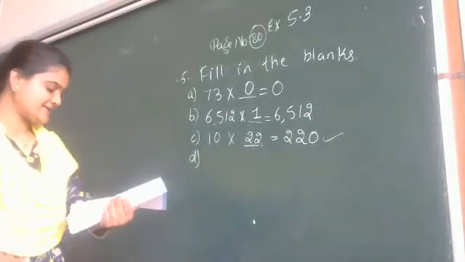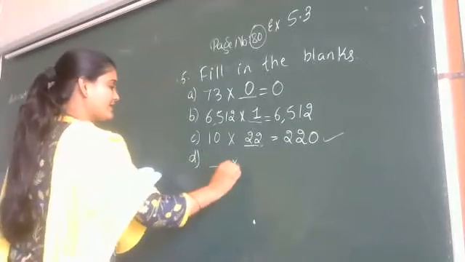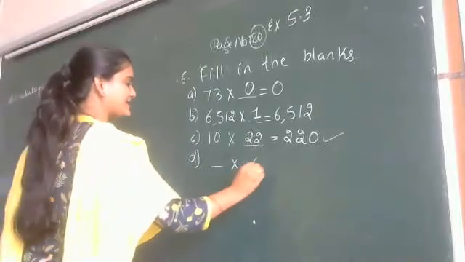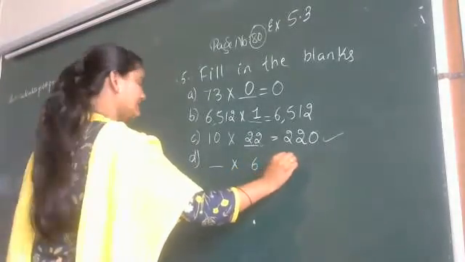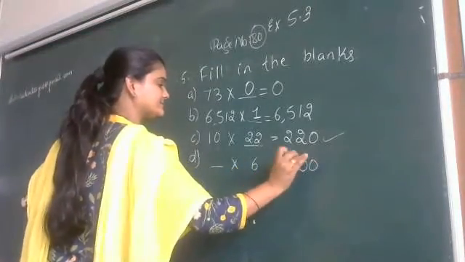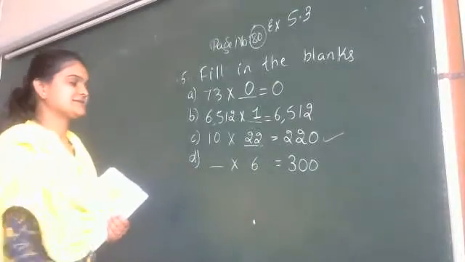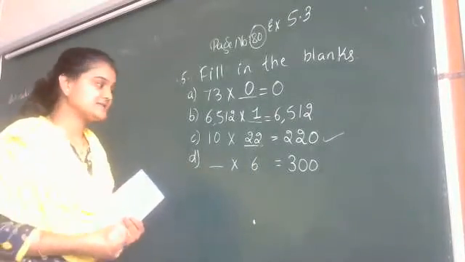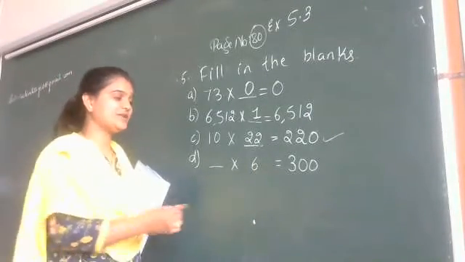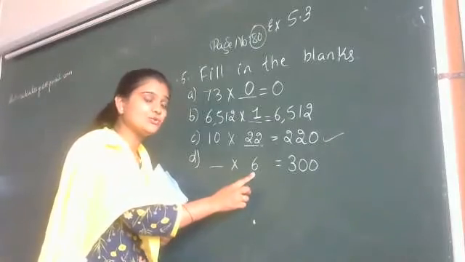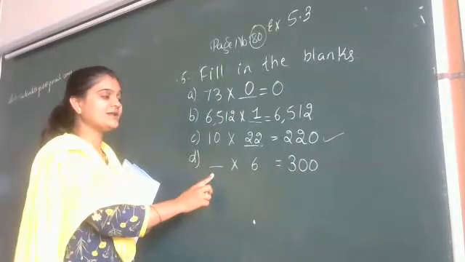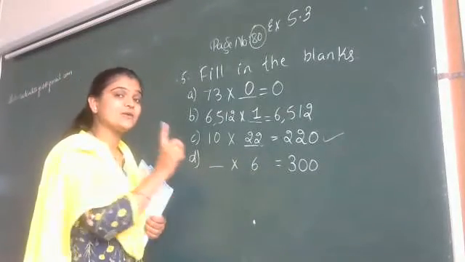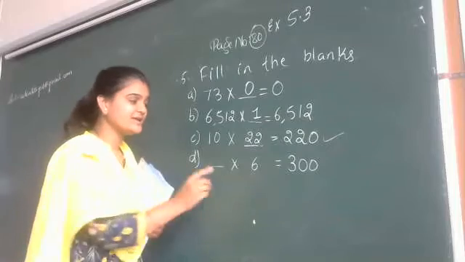Okay. Next, what number, if you multiply by 6, gives 300? Why is it 50? In the 6 table, you have to find a number which carries a 0.